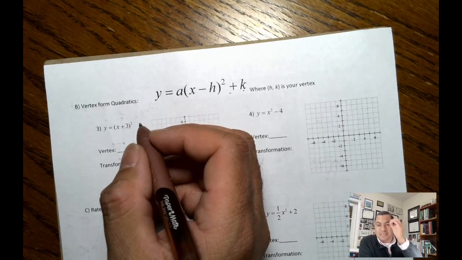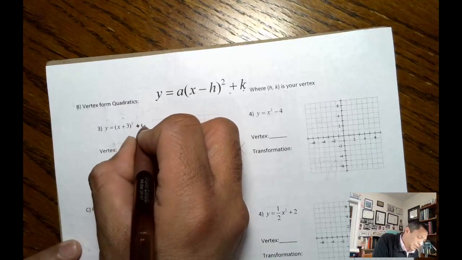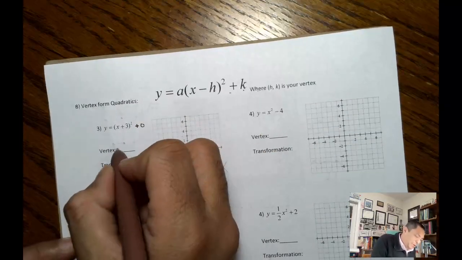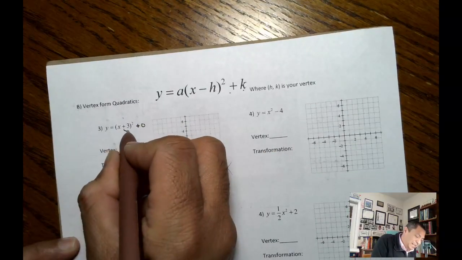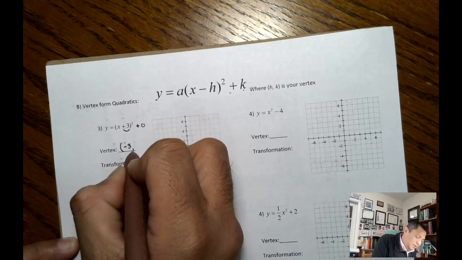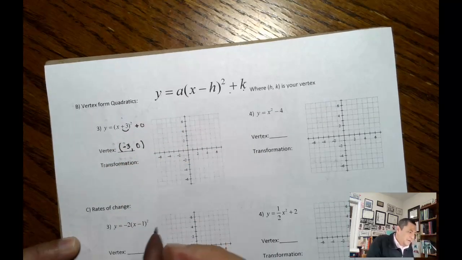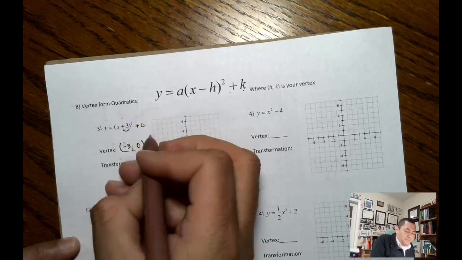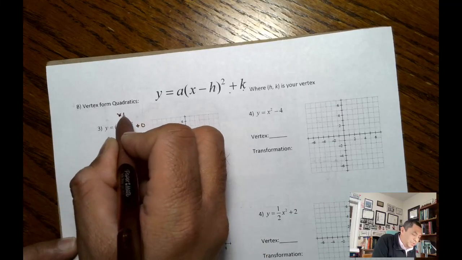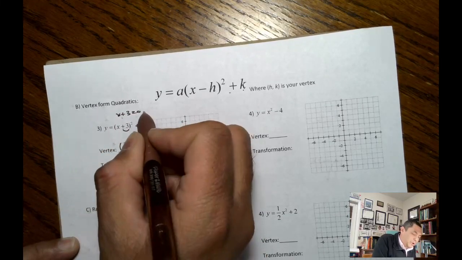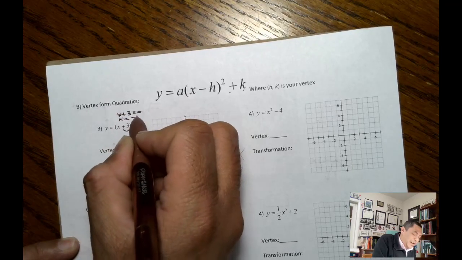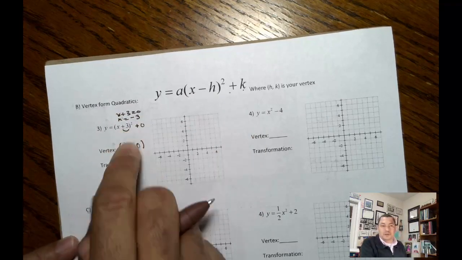That means it's 0. So I have plus 0. So the vertex in this case is (negative 3, 0). Now remember, if you get confused here, just take x plus 3 equals 0, and you have x is equal to negative 3. It's the opposite of this number.